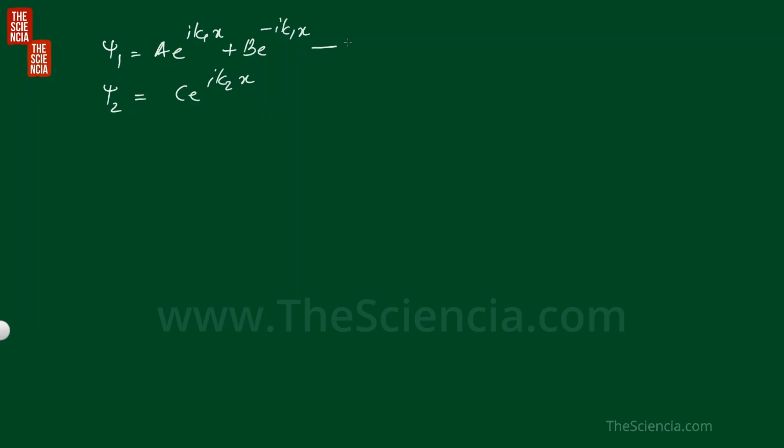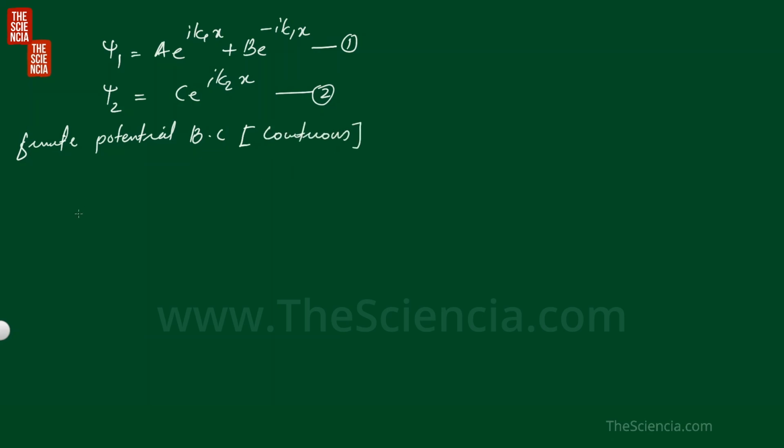So this is equation 1 and this is equation 2. Now we want to evaluate the constants A, B and C. How can we find them? We have to use the finite potential boundary conditions. What is the finite potential boundary condition? The finite potential boundary condition is a continuous boundary.